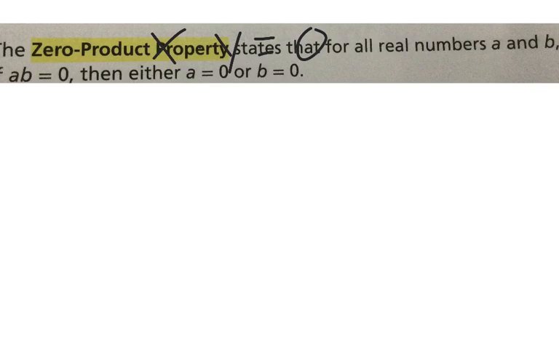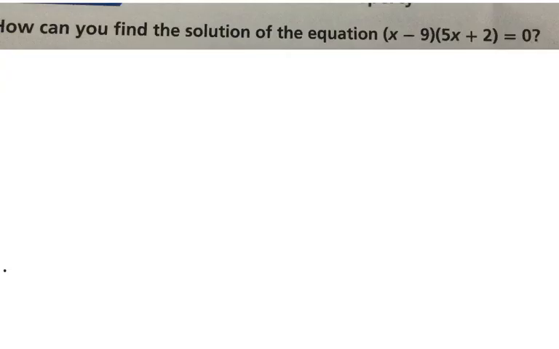One of them has to be a 0. If I multiply two things together to get 0, one of them needs to be a 0. Zero product property. You follow that thought process, that logic? Everybody's on board.